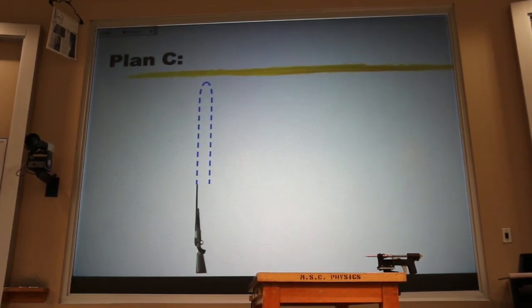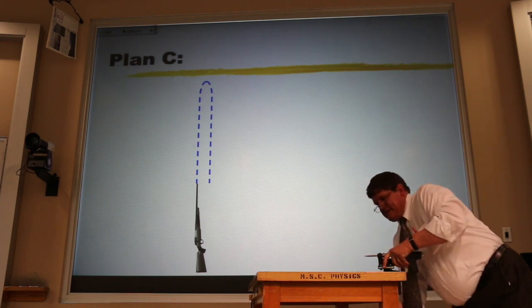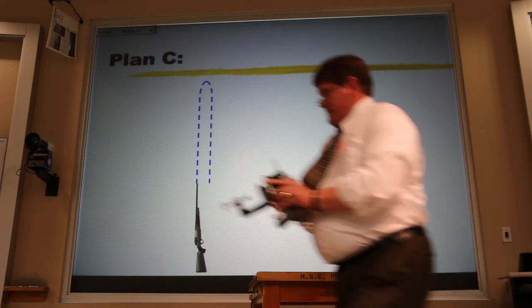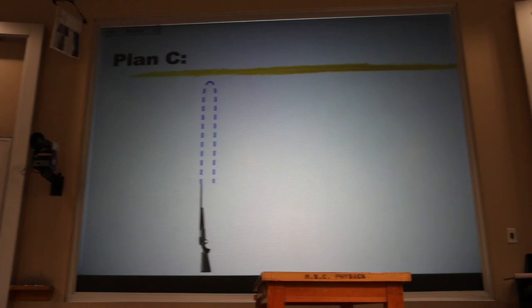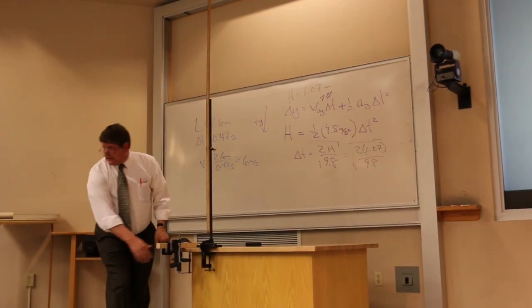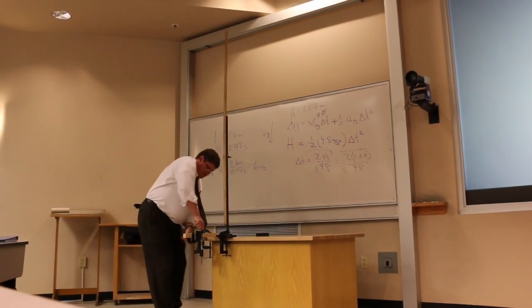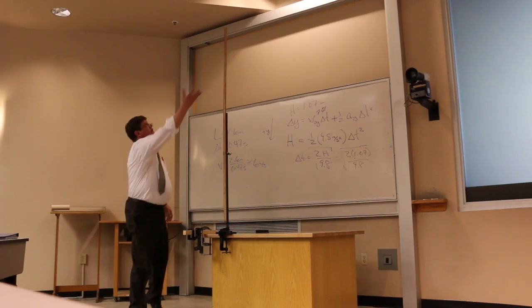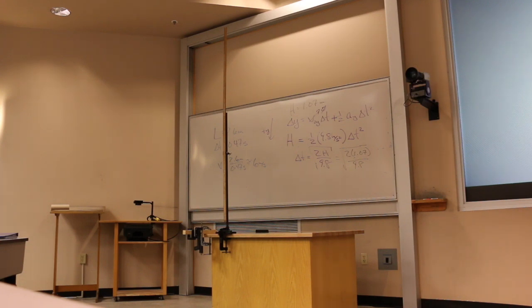Now, if I take this gun and I put it here, who's got the bullet? Thank you. So now I fire it straight up, and if I know how high it goes, I can use energy conservation.